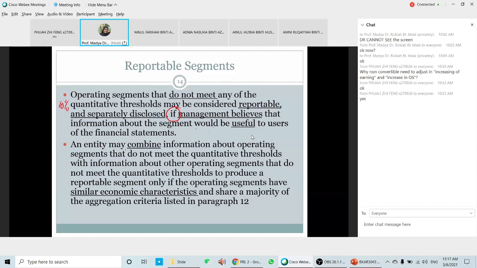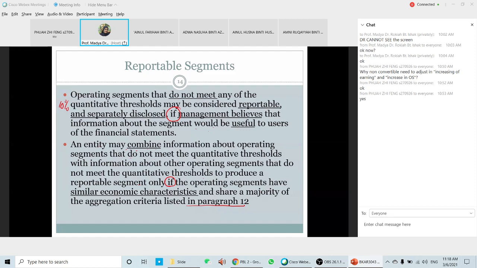An entity may combine information about operating segments that do not meet the quantitative threshold with other such operating segments to produce a reportable segment only if the operating segments have similar economic characteristics. This shares the majority of the aggregation criteria listed in paragraph 12, which relates to similar economic environments.